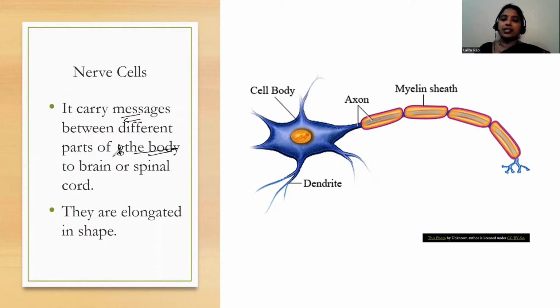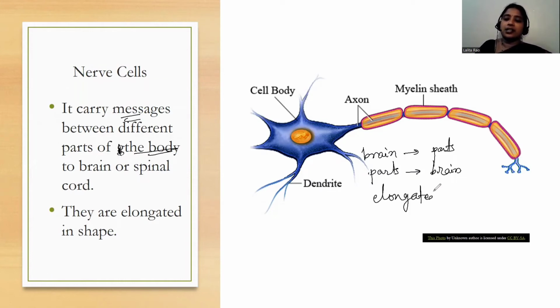It carries the messages between the different parts of the body and the brain. So from the brain to different parts, and from different parts to the brain. So this is the function of this nerve cell. That is why its shape is elongated. It is elongated in shape because of its function.